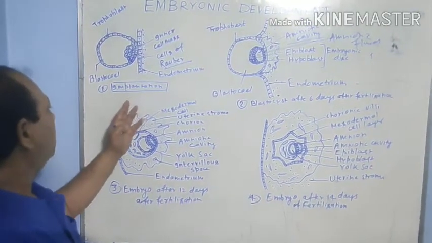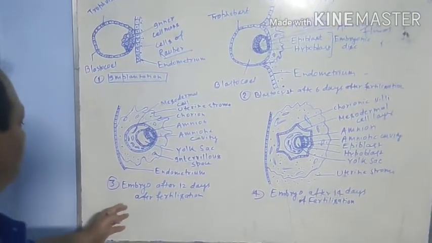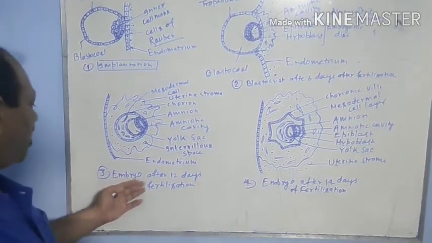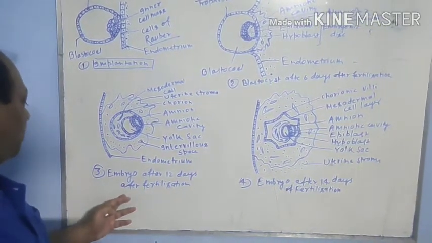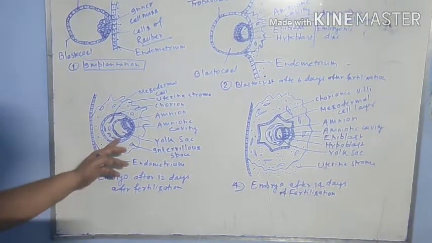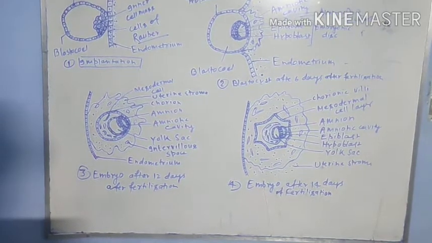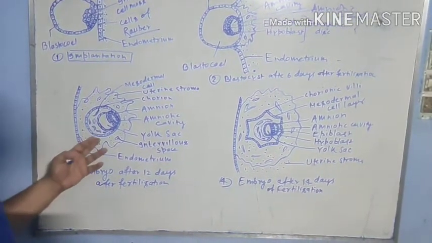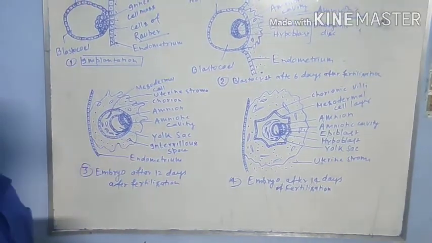In the third condition, this is the condition of the embryo 12 days after fertilization. In this case, the blastocyst completely invaginates into the uterine wall.